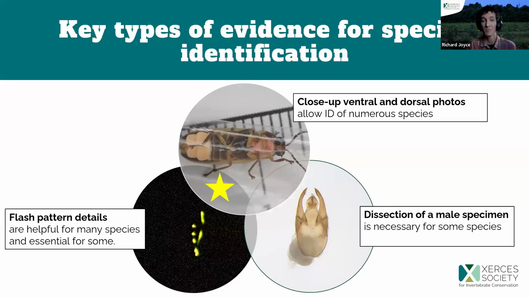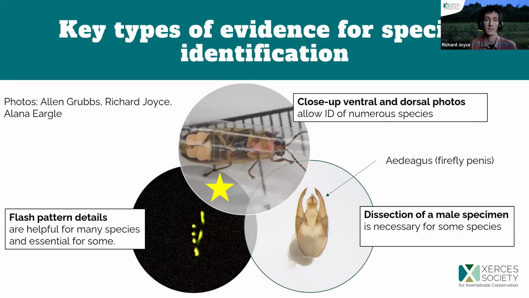And I want to acknowledge that in some cases, a confident identification is only possible by collecting a male specimen and examining its genitalia under a microscope. Not so friendly to community science. So this photo is the aedeagus, or the penis, of a pointy-lobed firefly.